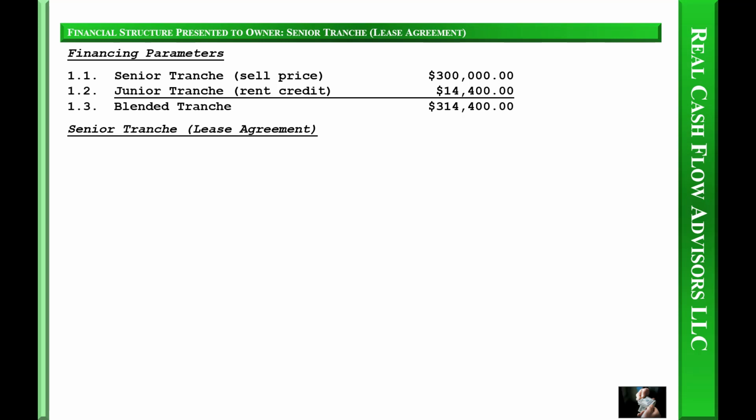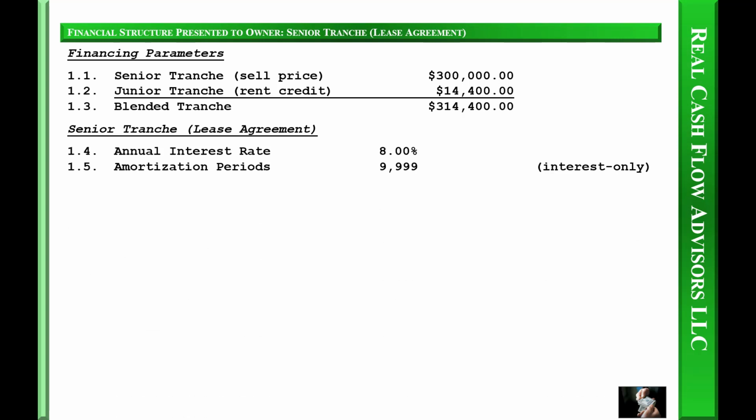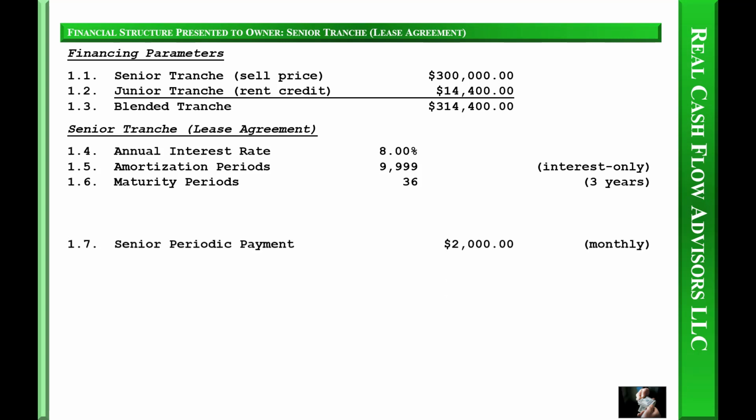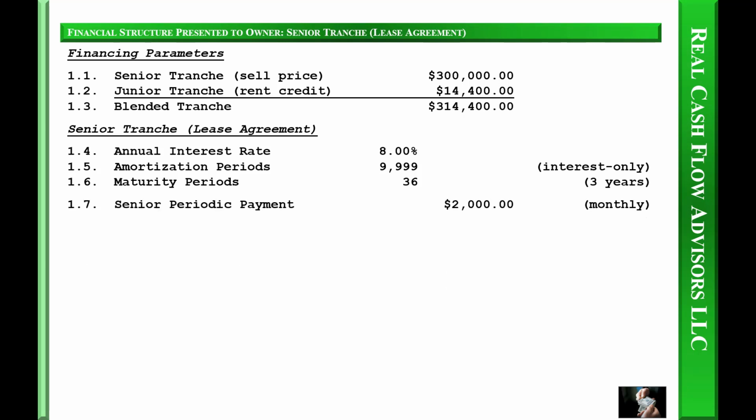The senior tranche is the lease agreement. Annual interest rate, 8%. Amortization periods, 9999. This means it's an interest-only tranche. Maturity periods, 36. That's 3 years. Senior periodic payment, $2,000 monthly.